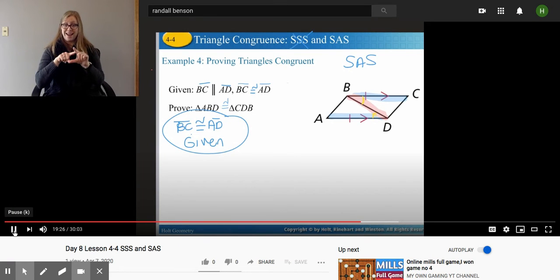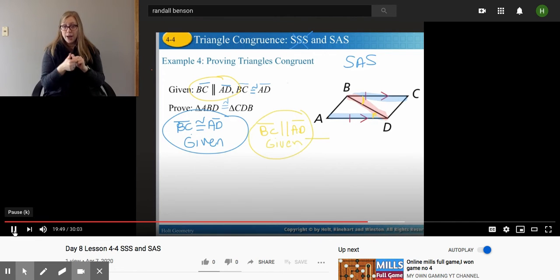I wrote that in yellow, so I'm going to use yellow. I think you'll be able to see it. This angle is congruent because of the fact that our lines are parallel. So we're going to write line segment BC is parallel to line segment AD. And we know that because it was given to us.